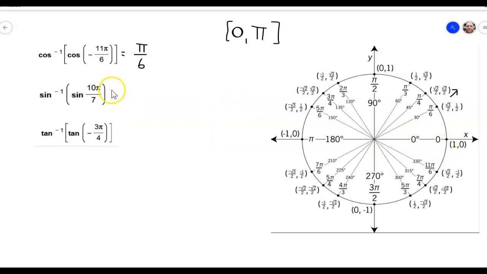All right. For this next one here, let's look at this one, 10 pi over 7. Now remember, the last one was for the cosine. For the sine, we are looking between -pi over 2 and +pi over 2. And this is 10 pi over 7. So let's look in our calculator real quick.